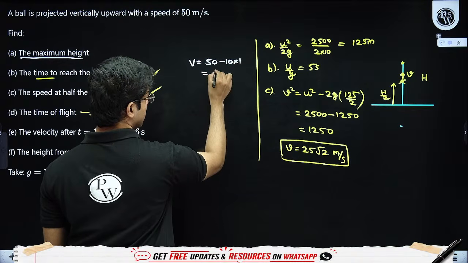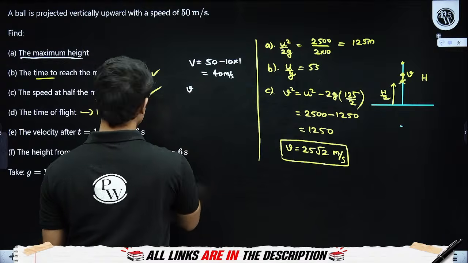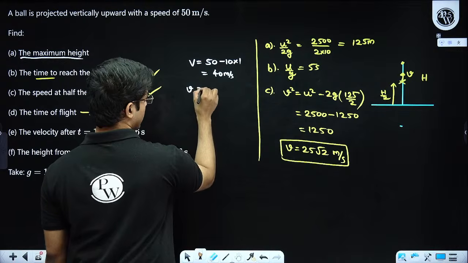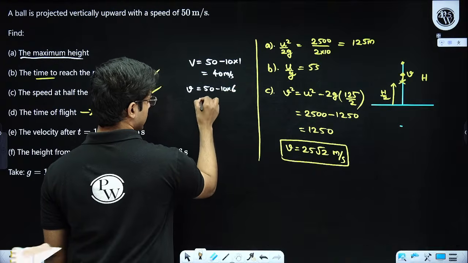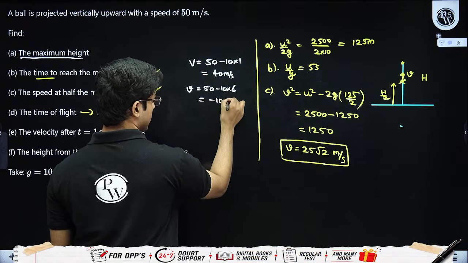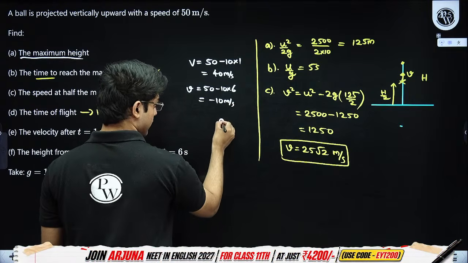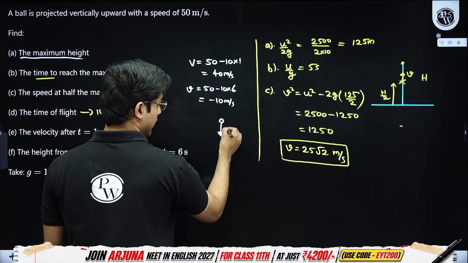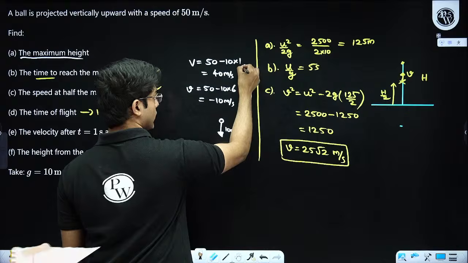After 1 second, this is 40 meters per second, and velocity after 6 seconds, it will be 50 minus g into 6. This comes out to be minus 10 meters per second. Now minus means it is downwards. So here the velocity vector is 10 meters per second downwards. Positive means it is upwards.